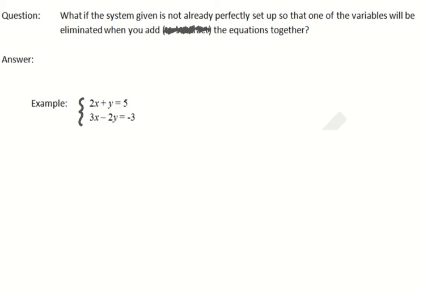Question: what if the system given is not already perfectly set up? In other words, set up so that one of the variables will be eliminated when you add the equations together. What if you do not have opposites with the x's, and also you don't have opposites with the y's?